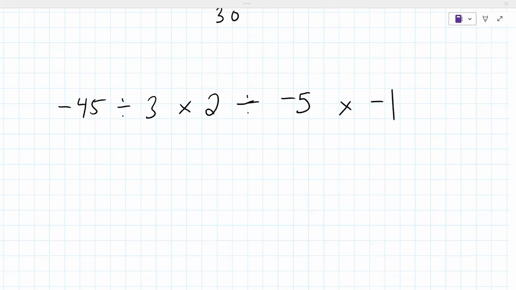-5 times -5. 45 divided by 3 and 6 and 4.